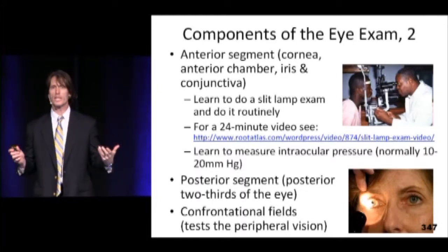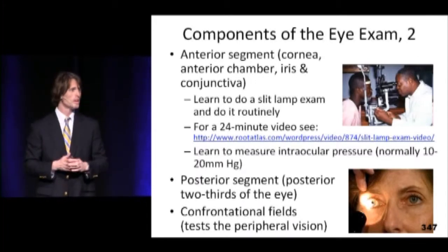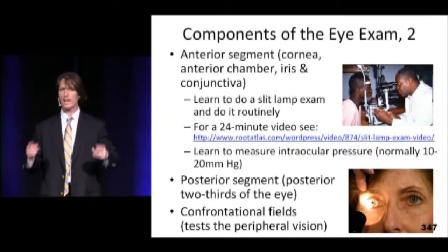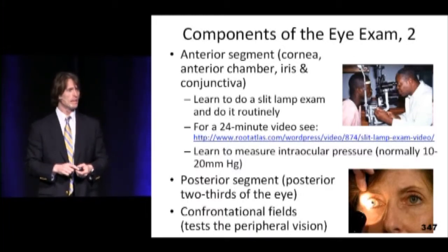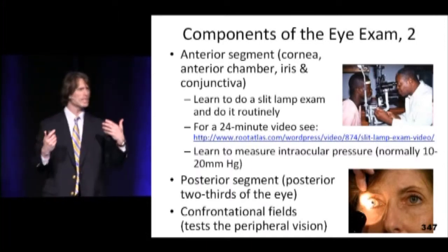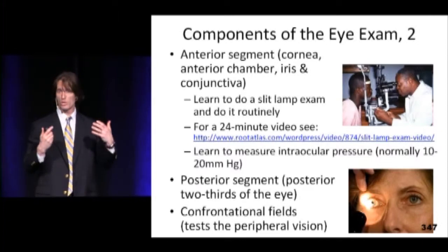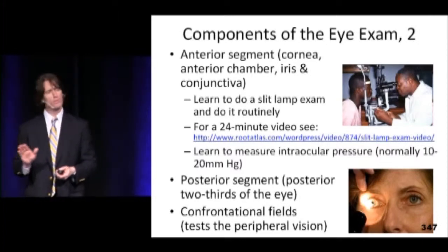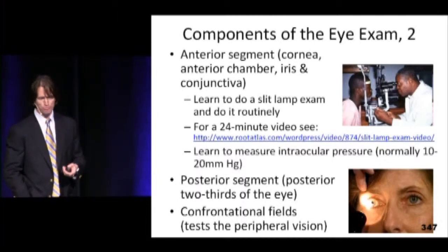You can tell if they're cheating because they'll look at the fingers, and you can say, hey, you're cheating, you've got to look at the nose. And then you can tell, will you be able to pick up a peripheral visual field deficit? Yes, you will. And you probably won't need to do it in the central visual fields because they're already going to be aware that they have a visual problem there. Retinal detachment, stroke syndromes, lots of different things. You'd be amazed what you will find when you look for it. So visual fields by confrontation are important.